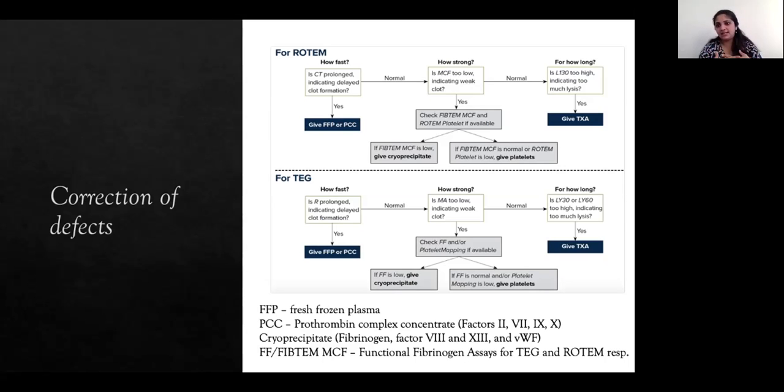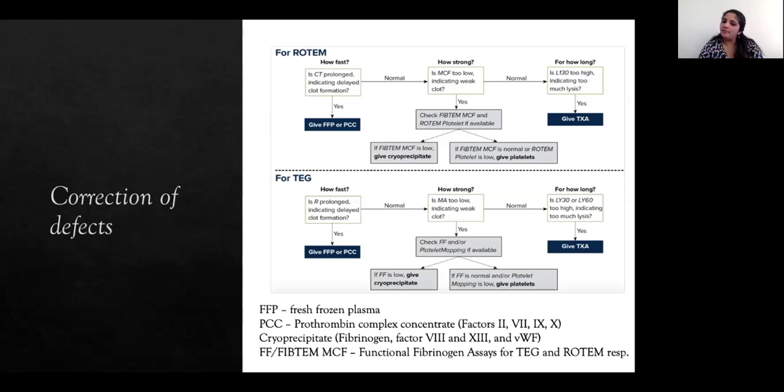That takes you to the next step, where you can measure the functioning of your fibrin, or do platelet mapping and give corrective factors accordingly. Now, cryoprecipitate has way more fibrinogen compared to fresh frozen plasma in less volume, so it is a denser version of that.